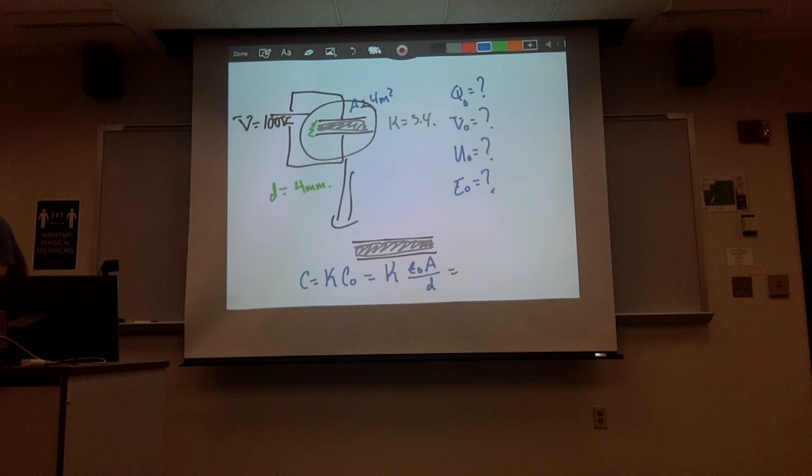In this case, it's equal to kappa, which is 3.4, times epsilon naught, which is 8.85 times 10 to the minus 12, times the area, which was 4, all divided by the distance, which was 0.004. Looking at my numbers, what I find is that the capacitance is 30 nanofarads. So 30 nanofarads is the amount of capacitance this thing starts off with initially.